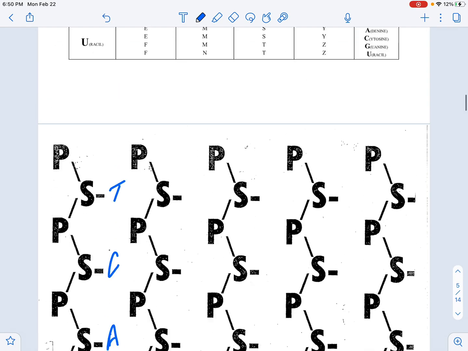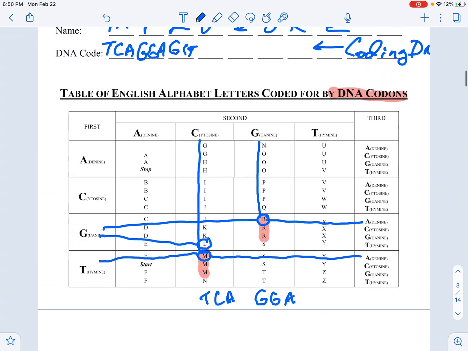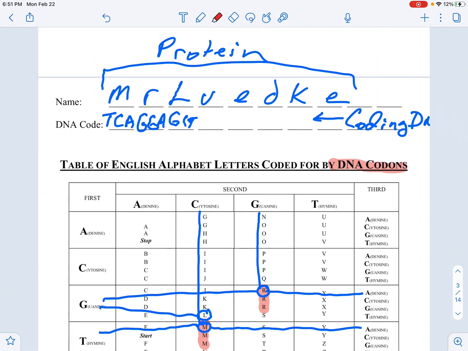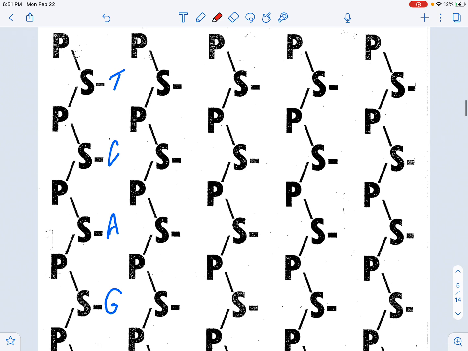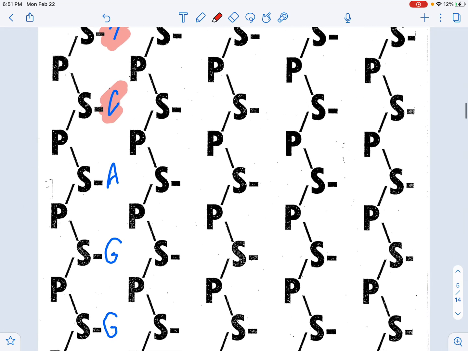So if we remember, we had the sequence of TCA. Now when I go to build it on my sugar phosphate backbone, if I look at this right here, there's my first base, a thymine, then going down it would be a cytosine, then going down below that would be an adenine.